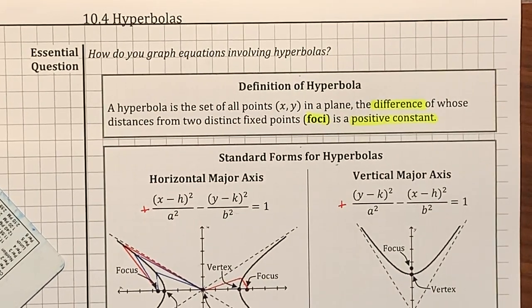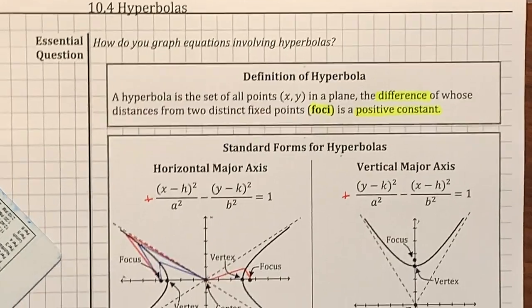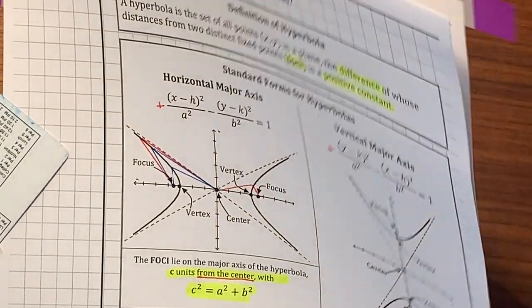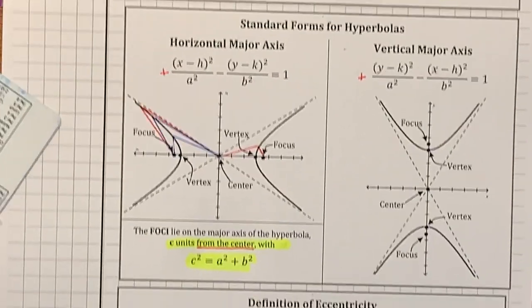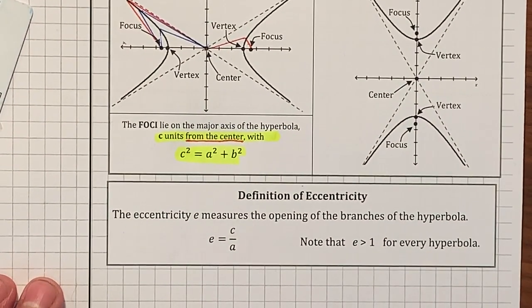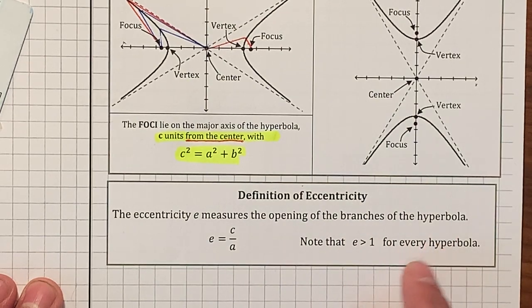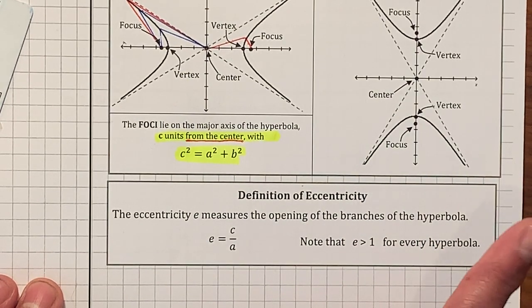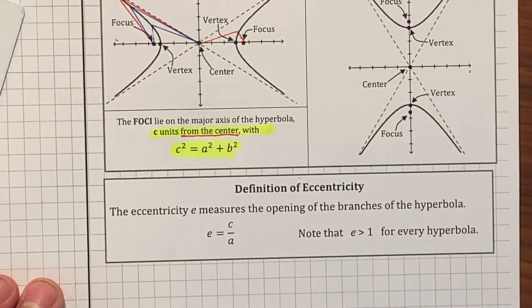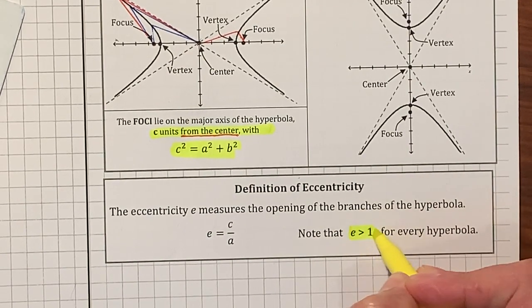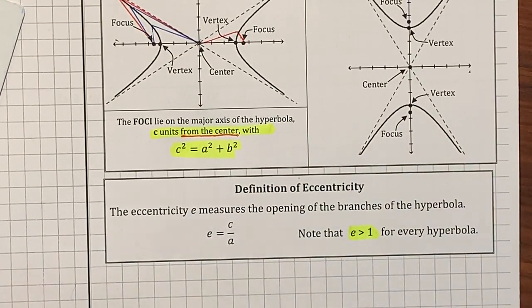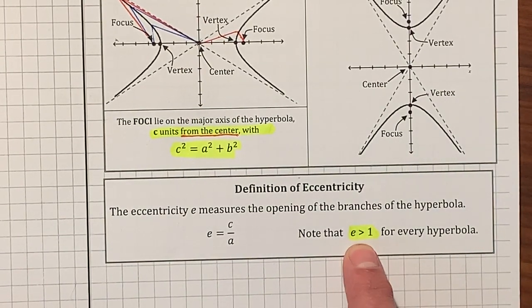And once again we have the definition of eccentricity. Eccentricity measures the opening of the branches of the hyperbola, whether they're going to be opening quite a bit or a little more narrow. And notice that in this case the value of e will always be greater than 1, whereas on your ellipses it had to be between 0 and 1. On a hyperbola it's always going to be greater than 1.